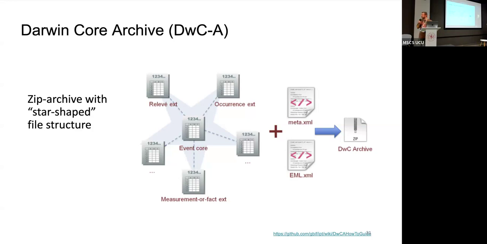And that's not the full list of possible extensions, but the left part of the scheme is just data. We also have metadata. The Darwin Core Archive allows several ways to store metadata.